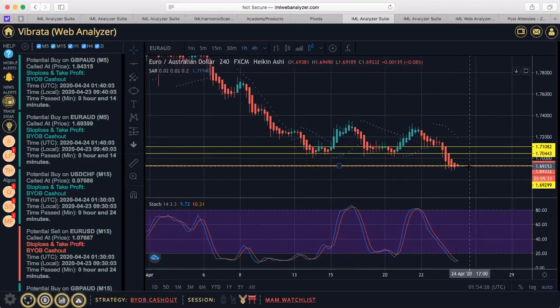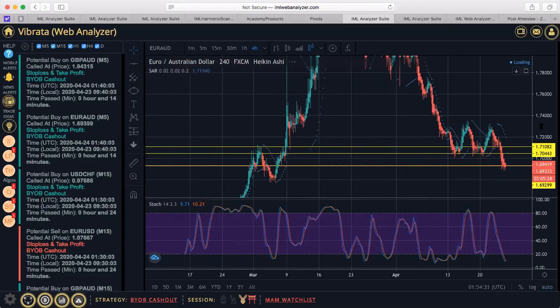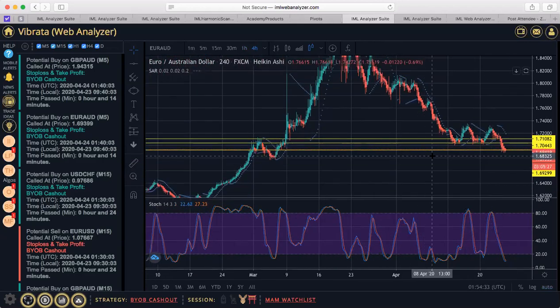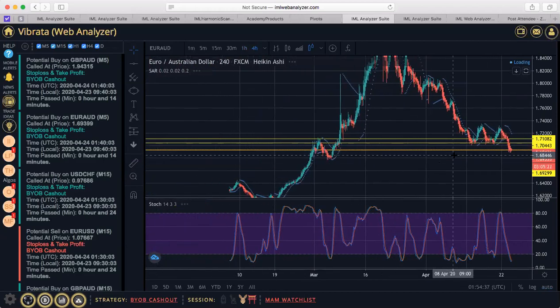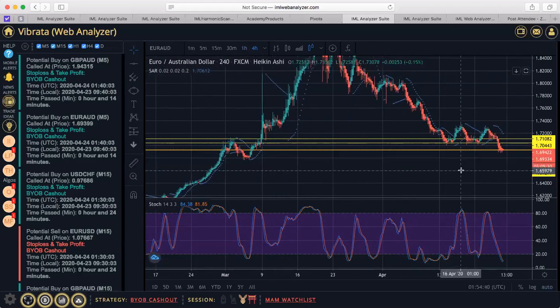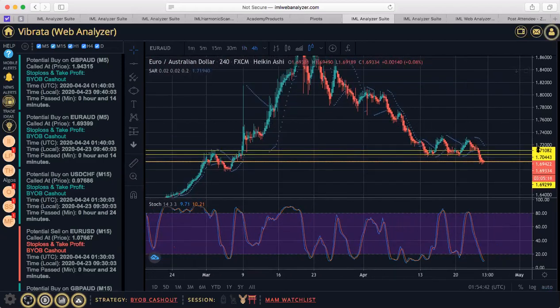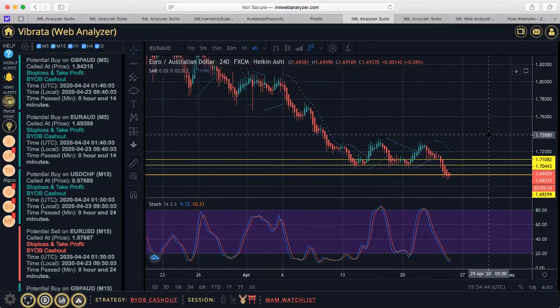It's kind of got that curve, and you can see where it's at. So I can look left and see what's going on. With pivots, you're going to do a little bit more analysis, right?